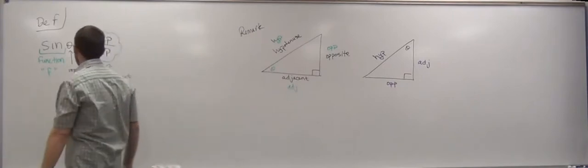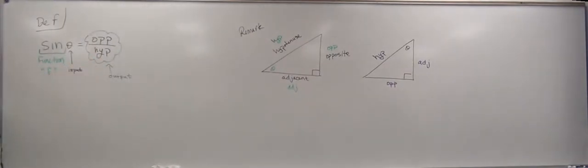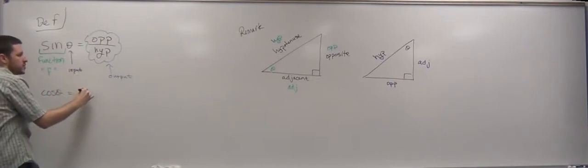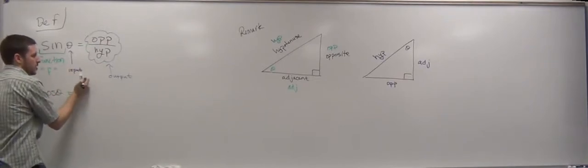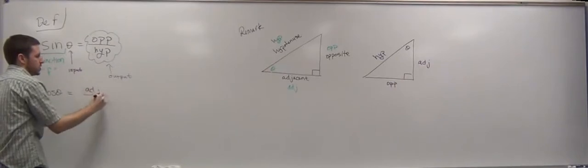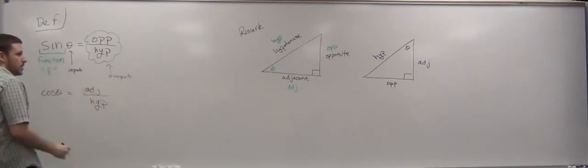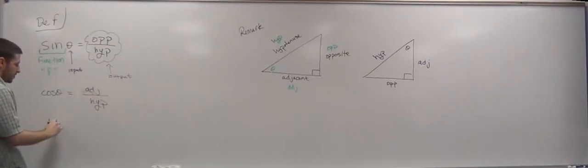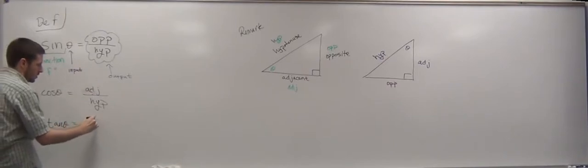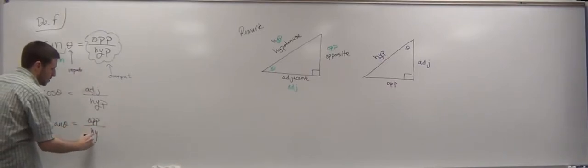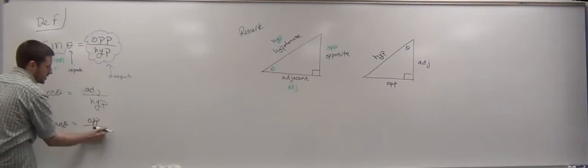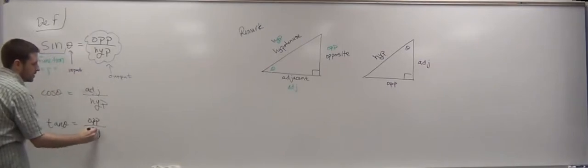You can choose any two of the sides and get a new trig function. Right? So underneath it I wrote cos theta. Cos theta switches to adjacent over hypotenuse. Tan theta is opposite over adjacent.